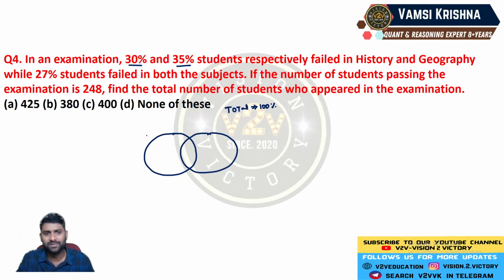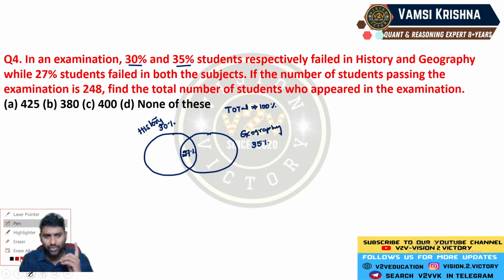So out of 100%, the number of students who failed in history is exactly equal to 30%. The number of students who failed in geography is 35%. And out of 100%, 27% of students failed in both the subjects. That is the data.